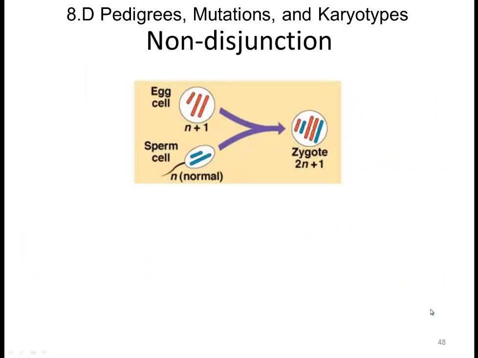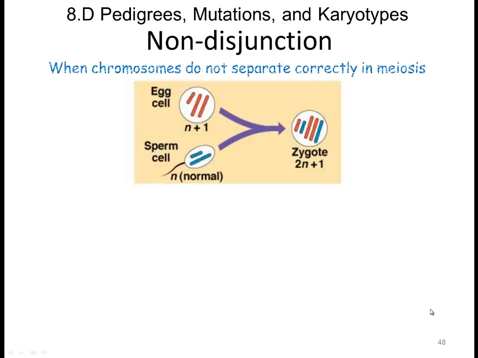Then we have what's called non-disjunction. When we break these chromosomes apart, sometimes we end up with n plus 1. This would be a normal one. We have an extra chromosome in there, so we get a zygote that has the 2n, but we have 2 of the red ones from, looks like mom, and this is a non-disjunction, which means that the chromosomes didn't break up correctly.